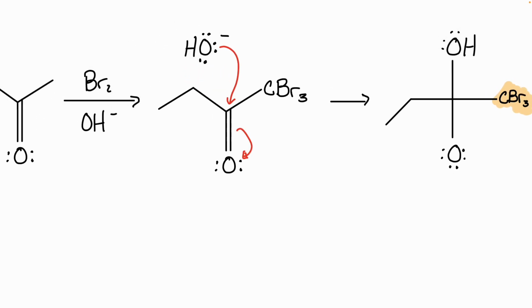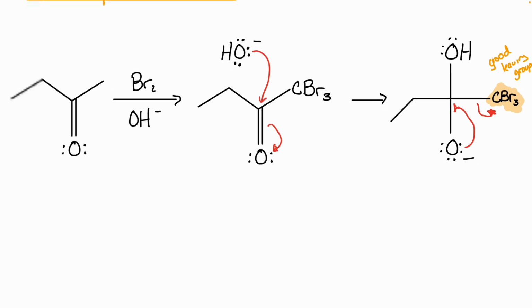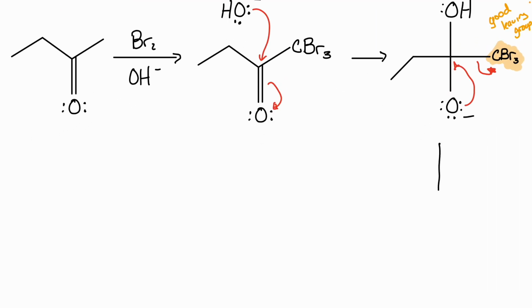So although that methyl group by itself isn't a good leaving group, once it's replaced with all these bromines, now it is a good leaving group. So now that pair of electrons is going to come down, and it's going to kick off that good leaving group, leaving me with a carboxylic acid.